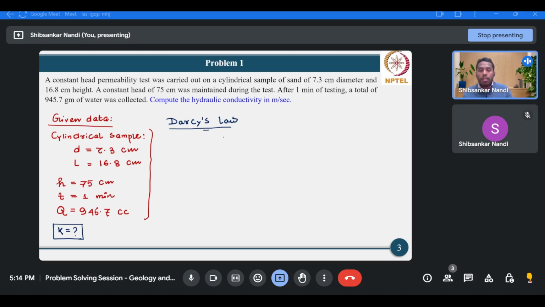Now what is Darcy's law? As per Darcy's law, V is proportional to I. So velocity of flow is proportional to the hydraulic gradient.